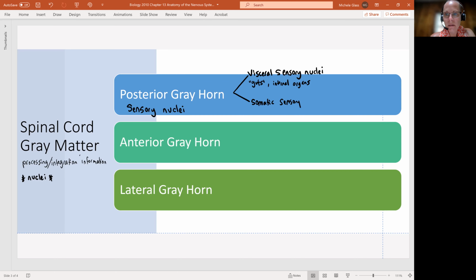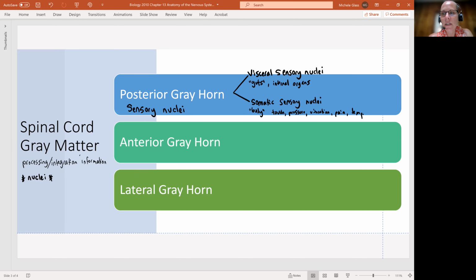sensory nuclei, where soma means body. And so here, this is going to be the initial processing center for those general senses we talked about, like touch, pressure, vibration, pain, temperature.